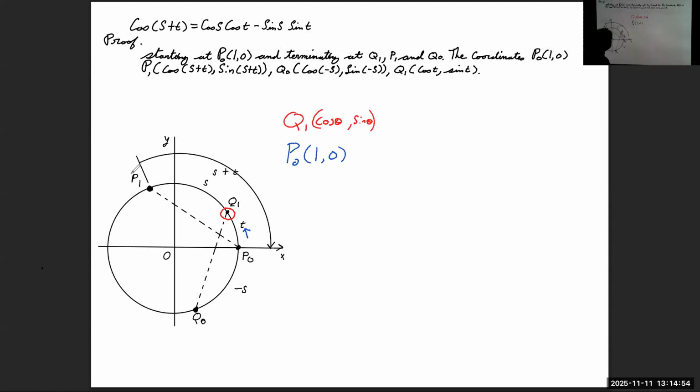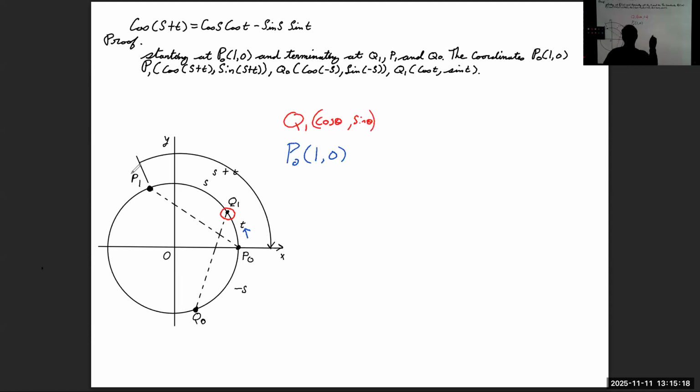It's fine. But it does have that distance T between them. So between them, there is this arc length of T. So that's who P naught is, that's who Q1 is. Let's introduce P1 and Q naught and see who they are.